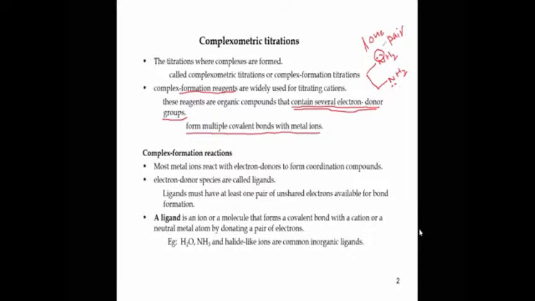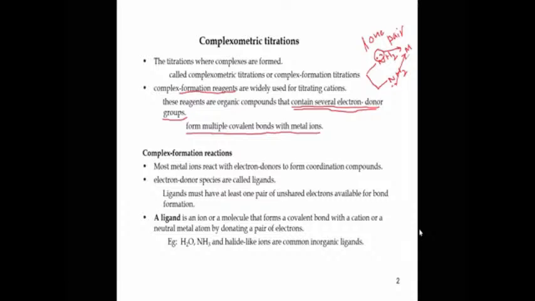So with the metal ion, if you have the metal ion here, just put M, it can make a bond with this one and this one, like this, right? So both the electrons are from the reagent, not from the metal ion, right?